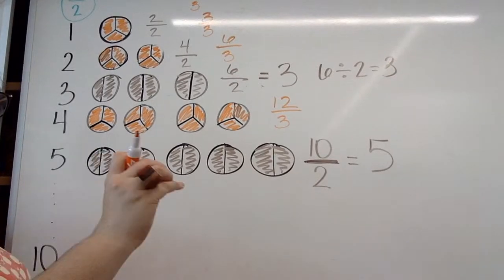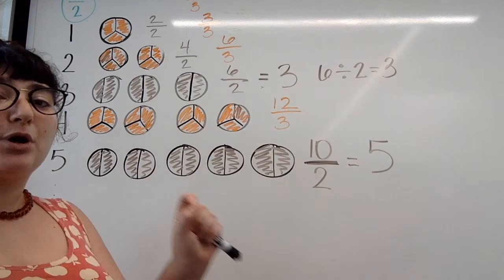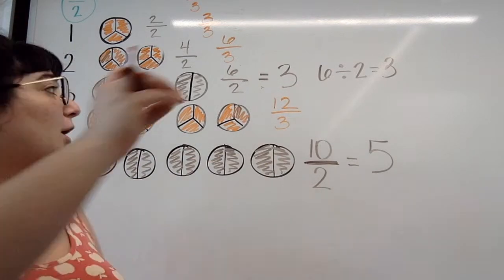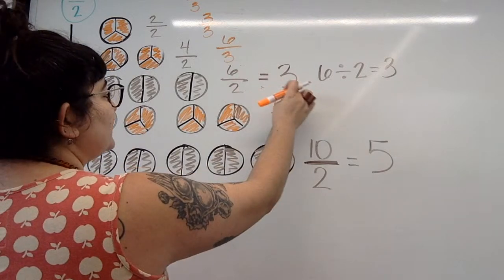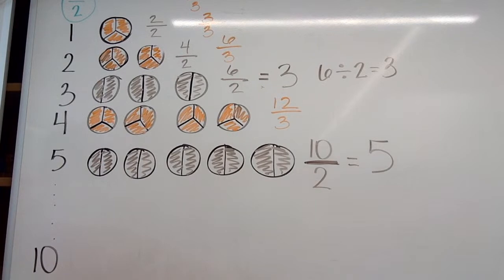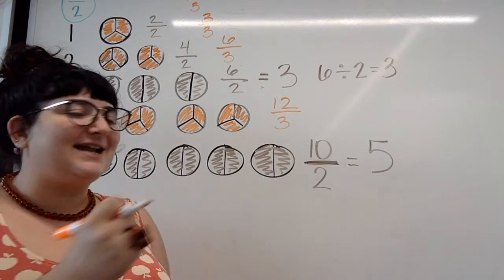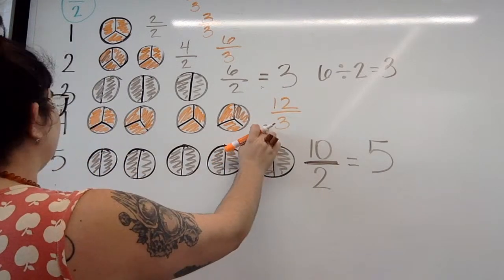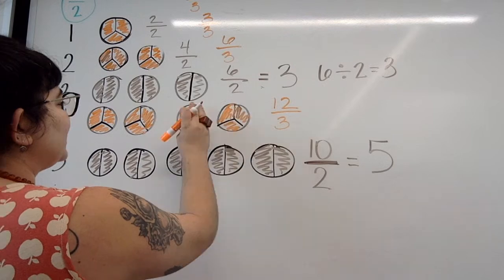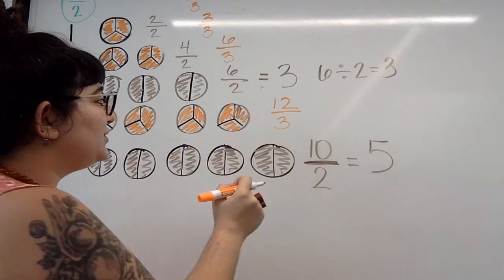What makes 6/3 and 12/3 an improper fraction is that there are more parts than how many we've split it up in. And so I want us to make this connection that this division symbol is representing that we have 12 pieces that have been split into thirds.